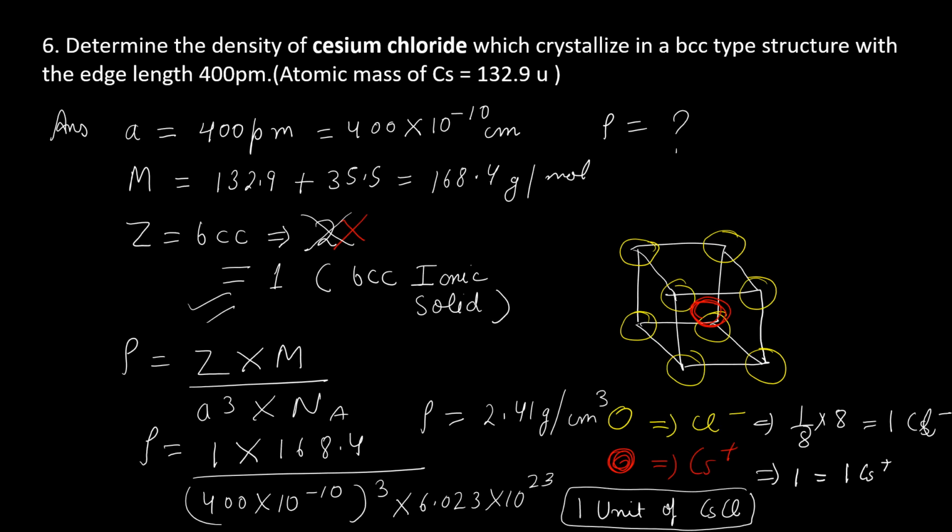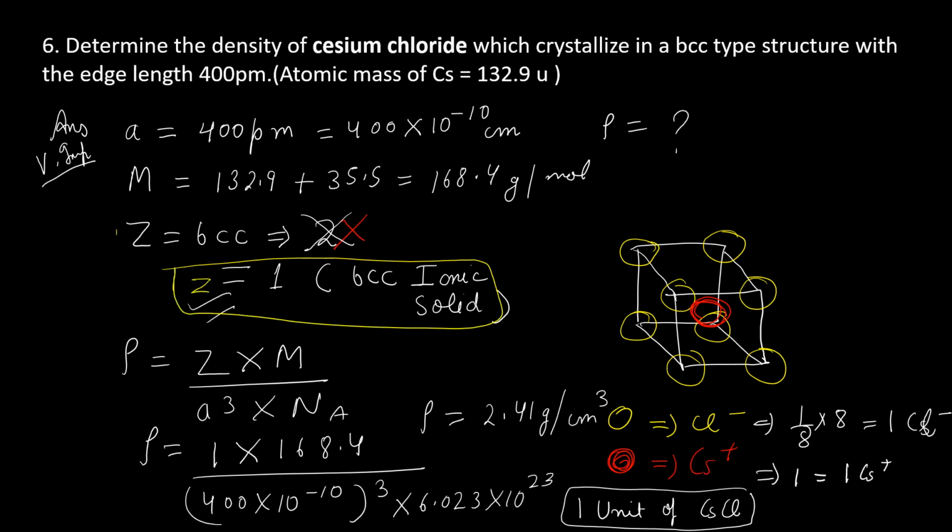So this is how you have to solve this numerical. This particular numerical is very important because I have told you the common mistake made by children: they simply see BCC and they write 2. But remember, whenever your solid is BCC but it is ionic in nature, then the value of Z is always 1.